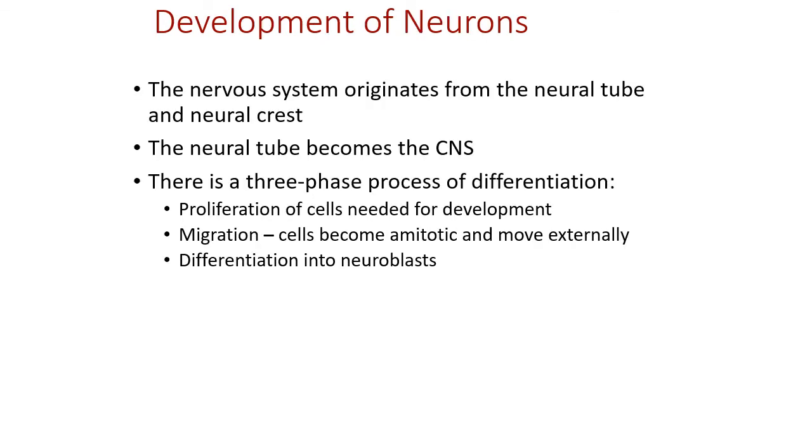When neurons develop, their development itself is occurring within the primitive nervous system, and we have what we call neural tubes, and we have the neural crest. And so the neural tube is going to become the central nervous system, and this is an important aspect for development itself. That neural tube is going to eventually start to proliferate cells that are either going to migrate towards the cephalad portion, the head, or towards the caudal portion, the tail.